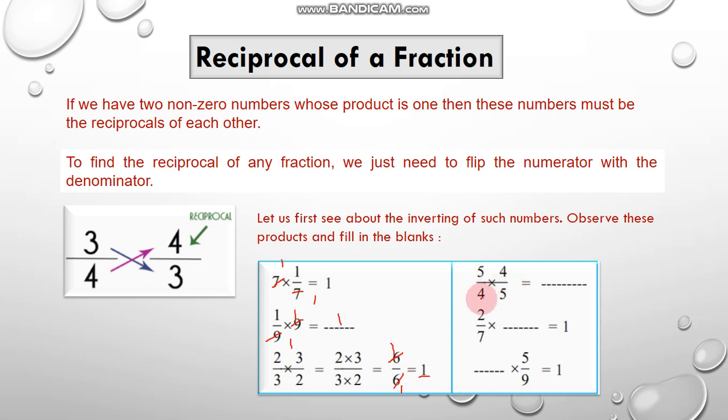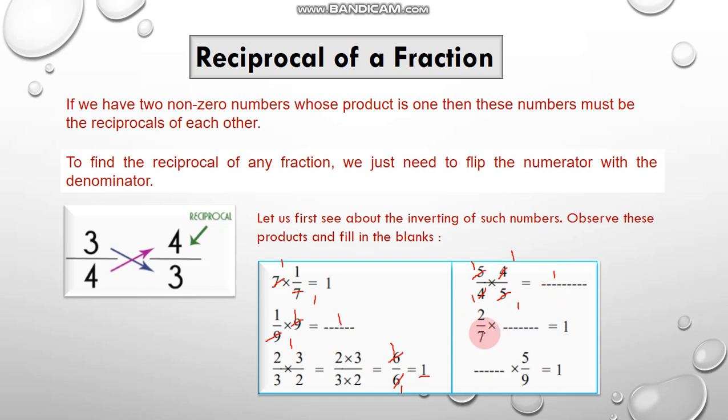Next is 5 by 4 multiplied by 4 by 5. See the fractions carefully. We can reduce them. 5 ones are 5 and 4 ones are 4. So again you get your product as 1. So we can say that 5 by 4 and 4 by 5 are the reciprocal of each other.